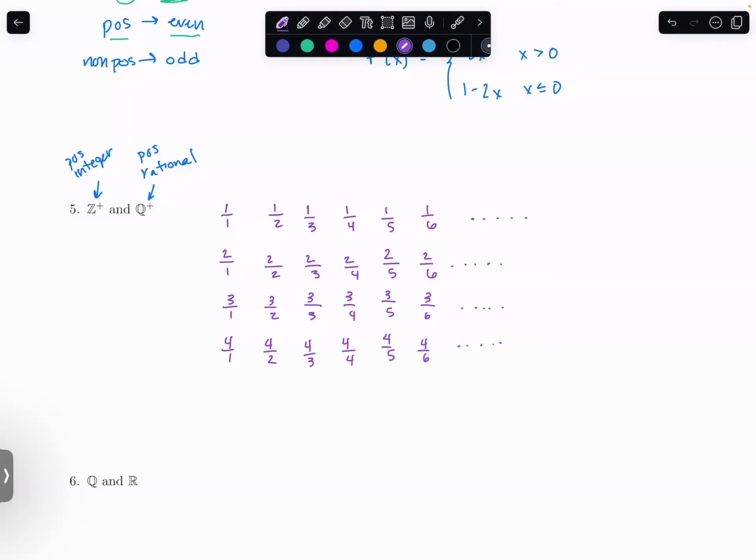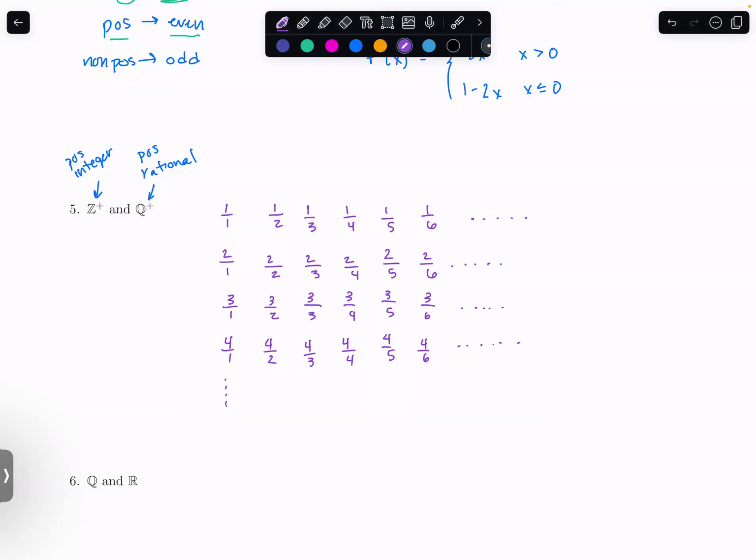Again, lots of duplicates happening. That's okay. If I could go on forever, I'm going to have duplicates, sure, but I will also have every possible rational number listed. And because I made this list, that means it's countable. But let's come up with the function, the mapping for how this is going to go.